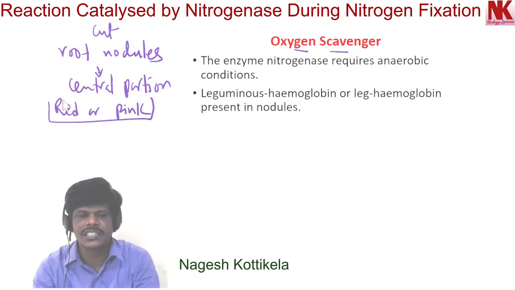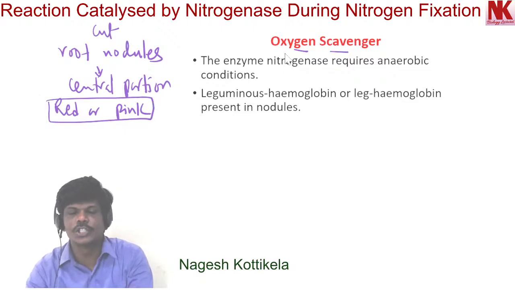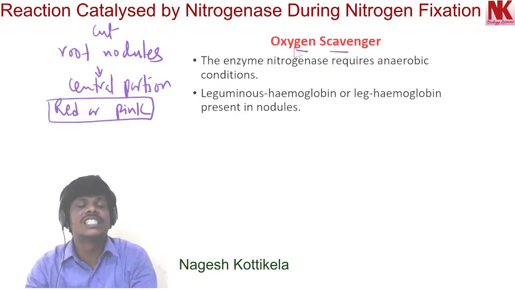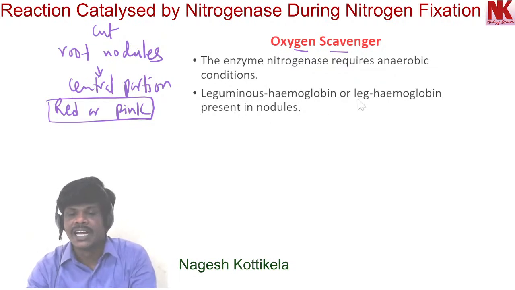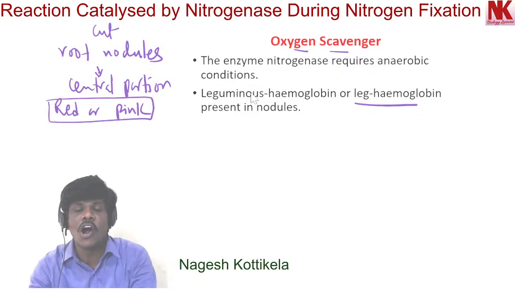This is because of the presence of the oxygen scavenger, that is leg hemoglobin, or leguminous hemoglobin, present in root nodules.